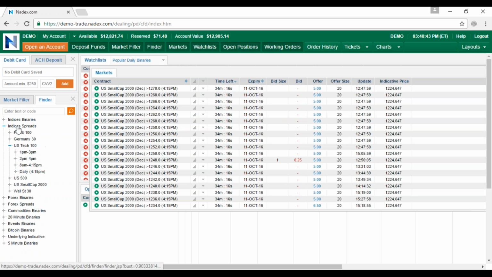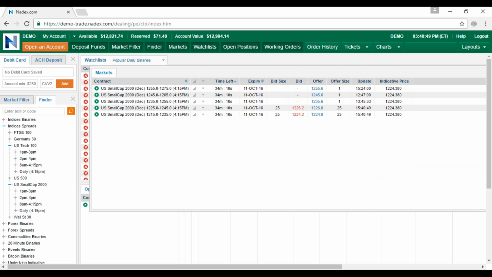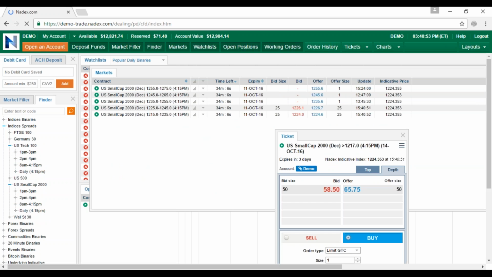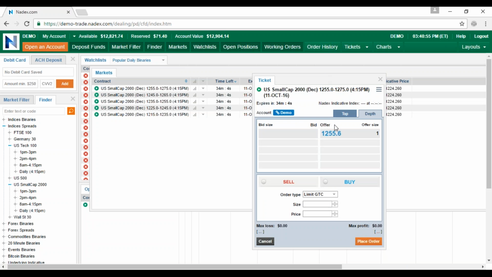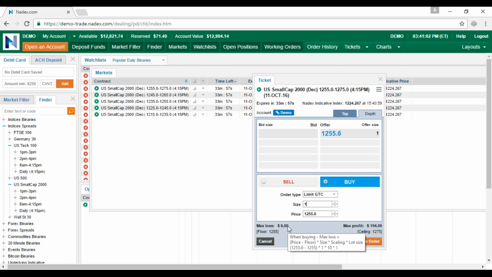Russell 415. Look, this spread right here. Okay, let me click that spread. If I want to buy one, oh look, $6, guys. Let's do that. I like that. I can put up $6 and I might make 194.